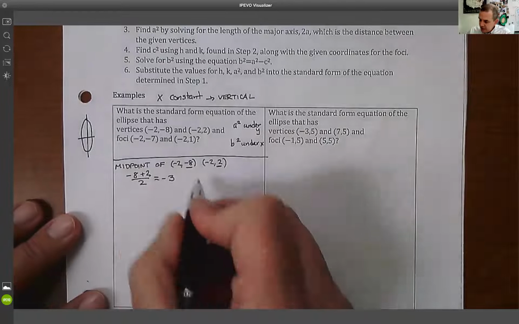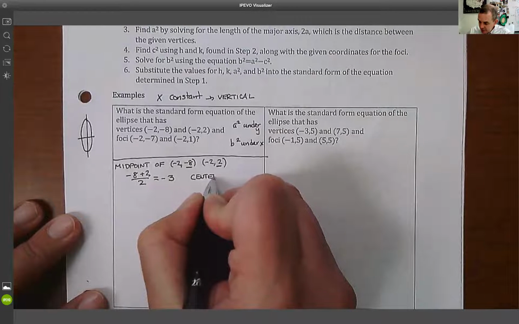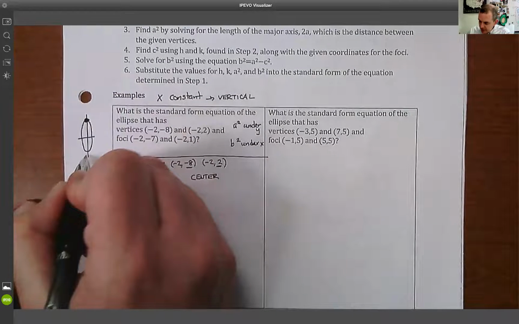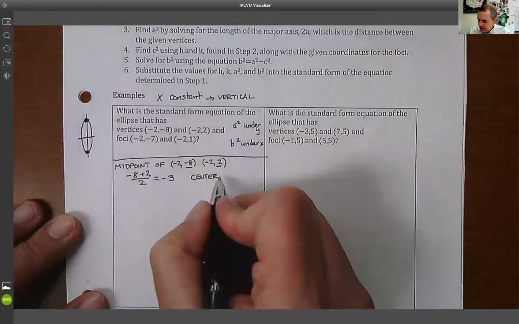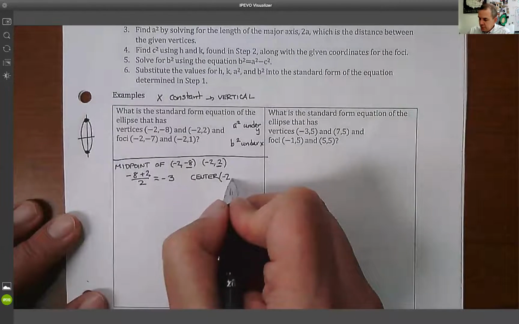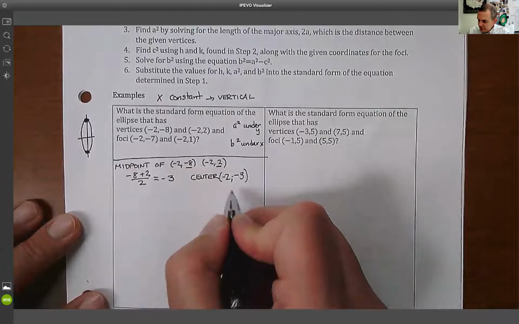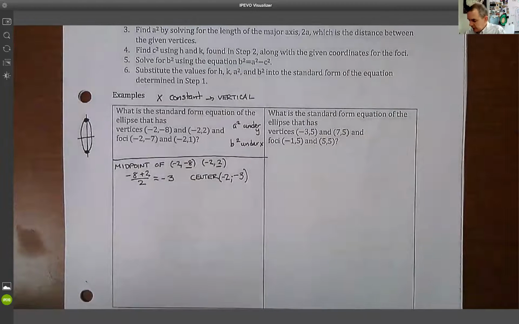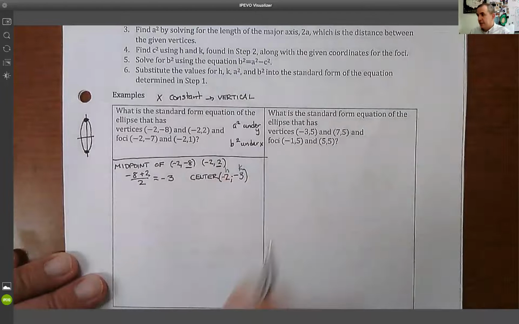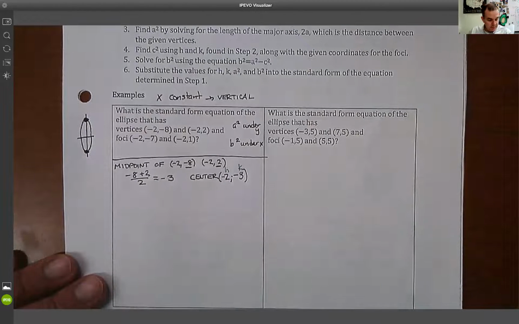So that tells me the center of this ellipse, the midpoint between the vertices, is going to be, taking this point here, the x's are always going to be stuck on that -2. The midpoint of the y is -3. So that tells me that -2 is my h, and -3 is my k. Now I've got my values of h and k.